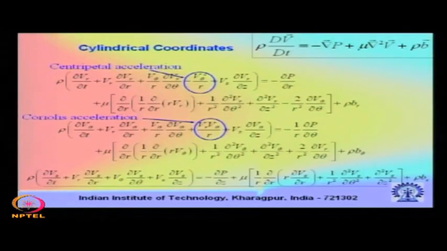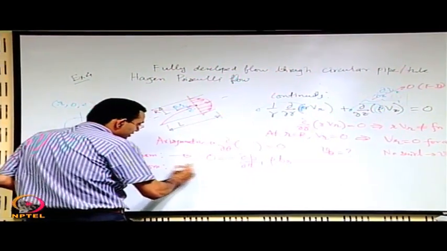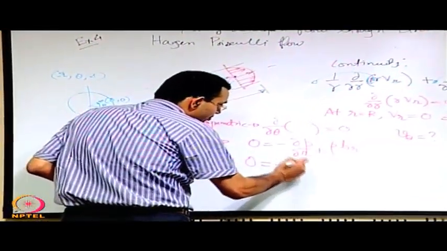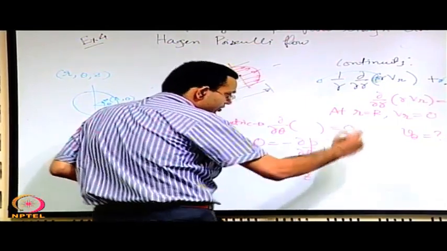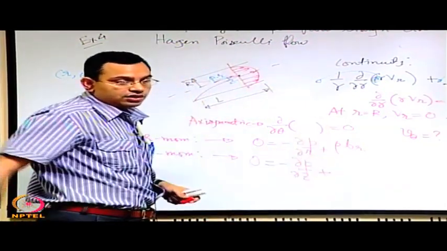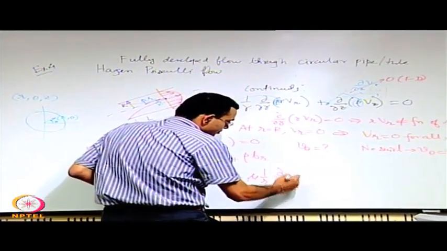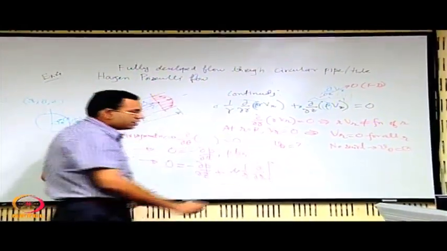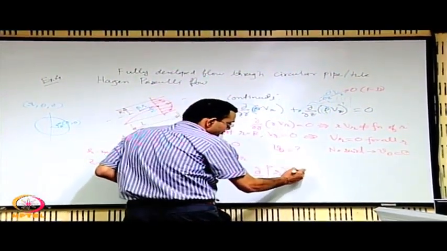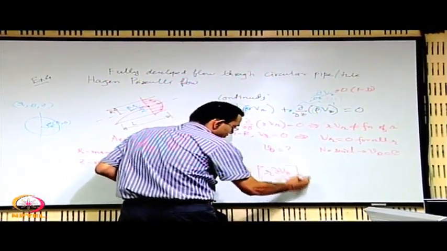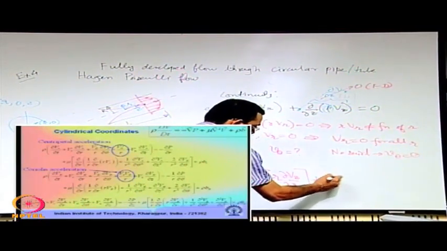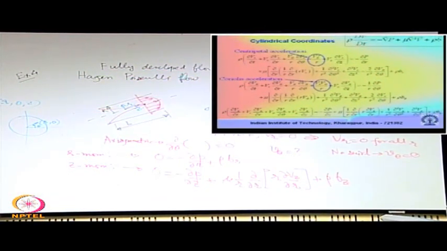So we are left with the z momentum as 0 equal to minus dp/dz plus μ into 1 by r d/dr of r dVz/dr plus ρBz. And what will be Bz here?